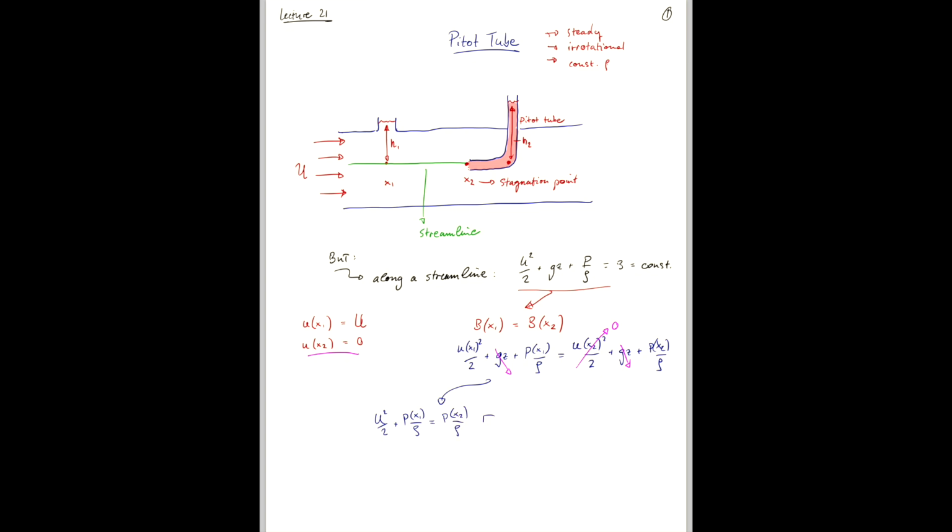And then we will solve this for u, and we find that u is the square root of 2 over rho times p at x2 minus p at x1.